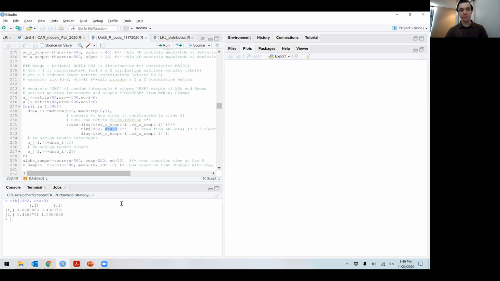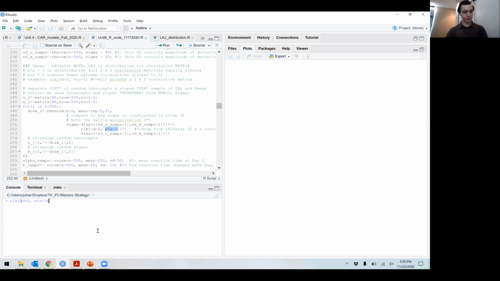It's fully uninformative when eta is set at 1. But now, look, I'm getting a correlation matrix every time I run it. If you look at an off-diagonal term, that correlation parameter, it's staying mostly within less than 0.5, greater than negative 0.5.